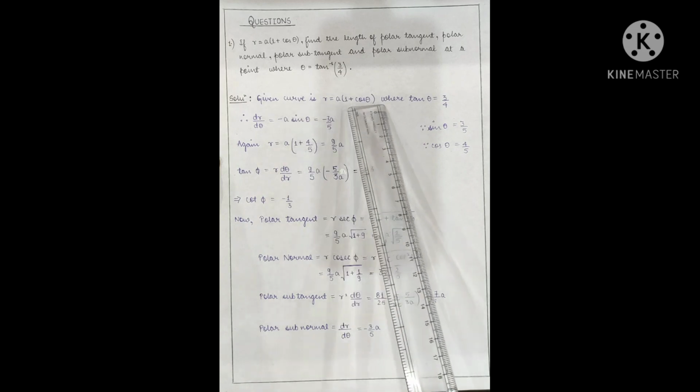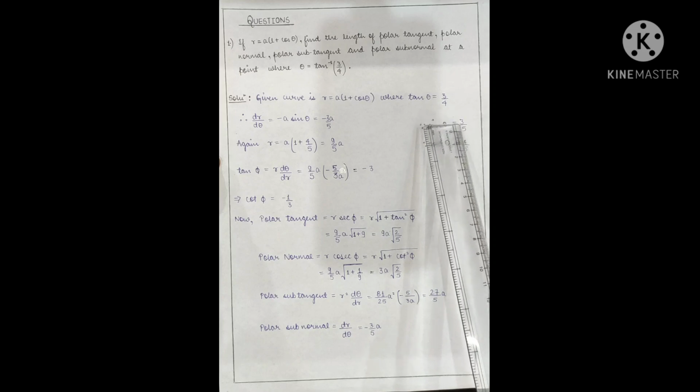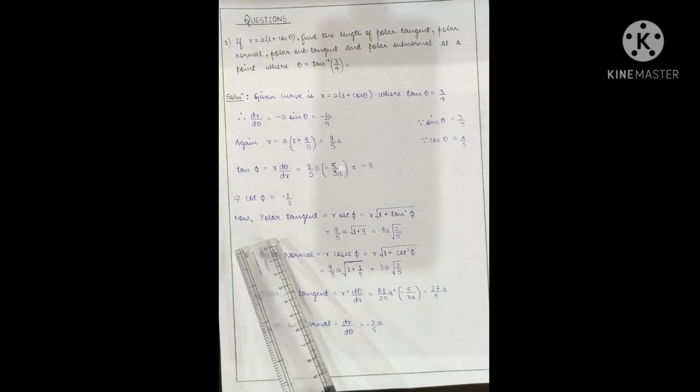On differentiating this, we get dr upon d theta is equal to minus a sin theta. Sin theta we have calculated from here, so it is 3 by 5. We will put this value, so dr upon d theta will be minus 3 by 5 a. Now putting the value of cos theta in this equation, we get the value of r as 9 by 5a.